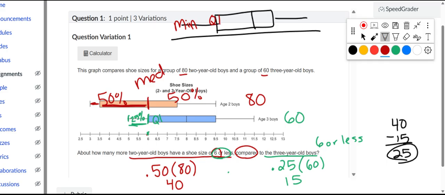And then from quartile 1 to the median is another 25%. From the median to quartile 3 is 25%. And from quartile 3 to the max is 25%. And if you add all the 25s, you get 100. So it's all about like, hey, how many sections are we covering? And then multiply it by 25.